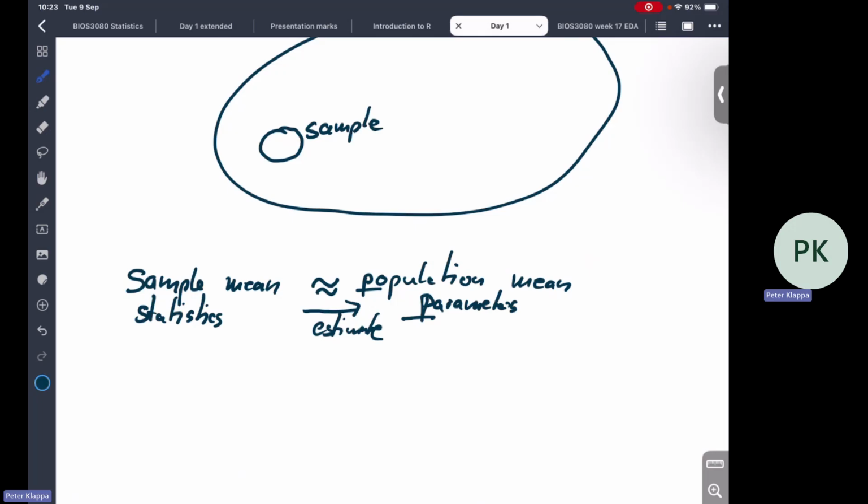The parameters of a population are also usually abbreviated by Greek letters. So a population would have a mean, mu, and for example, a standard deviation, sigma. Greek letters indicate we are talking about a population.